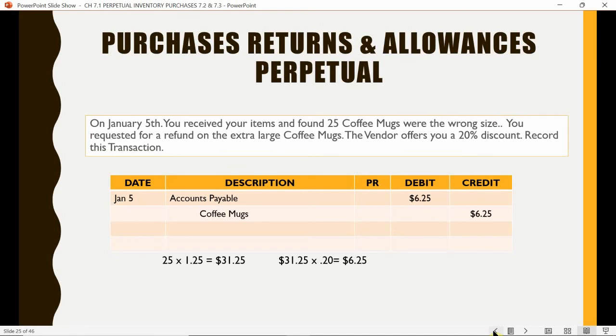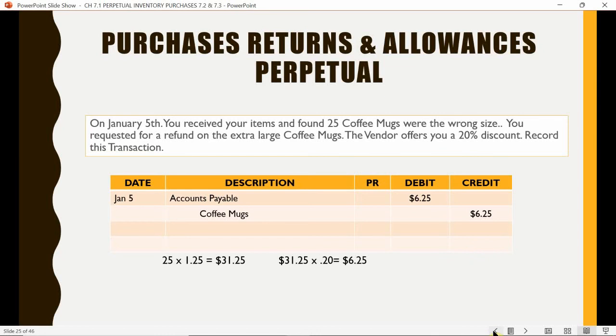So there's no purchase return and allowance. That's only for periodic. Only for periodic. So this one's much easier because you don't have to create an account after an account after an account. All you have to do is remember one thing and one thing only: your inventory account. Which one is it? Because you can have multiple inventory accounts.